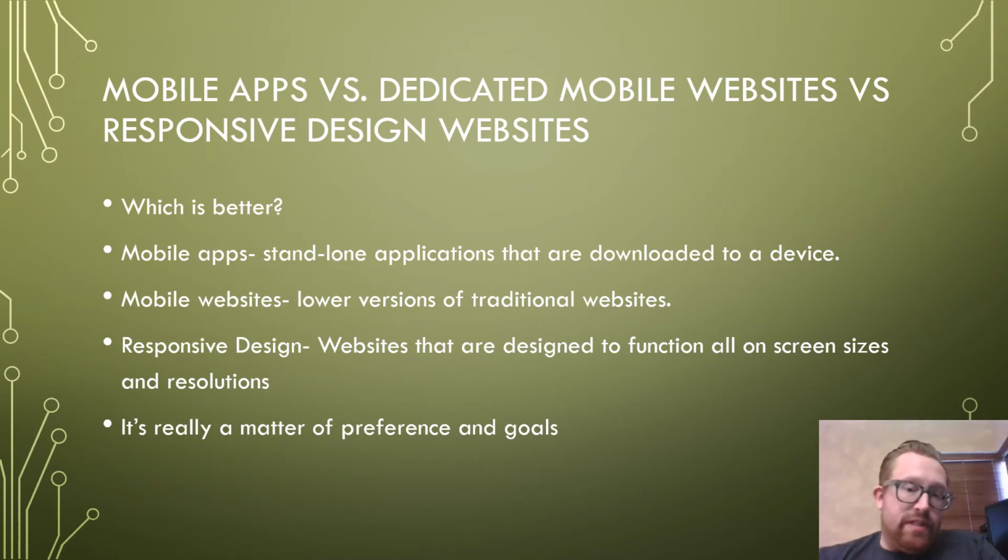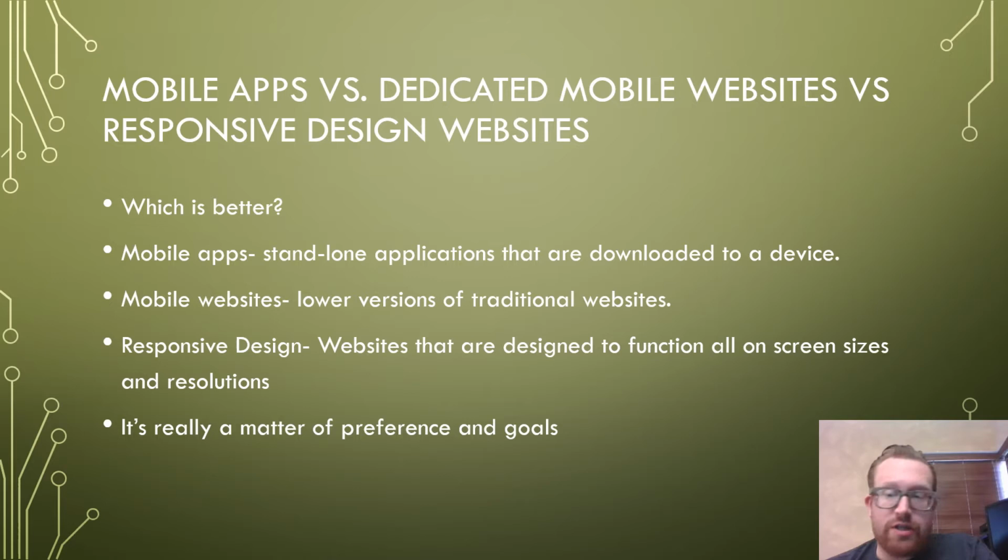Then there's mobile websites. Mobile websites, those are lower versions of traditional websites. These are the ones that, if you go on, let's say Facebook. I know you guys aren't going on Facebook, but just pretend, or Twitter. When you type in Twitter or Facebook on your phone in your web browser, either Google Chrome, Safari, whatever you're using, whenever you type in those websites, it's going to take you to the mobile version.